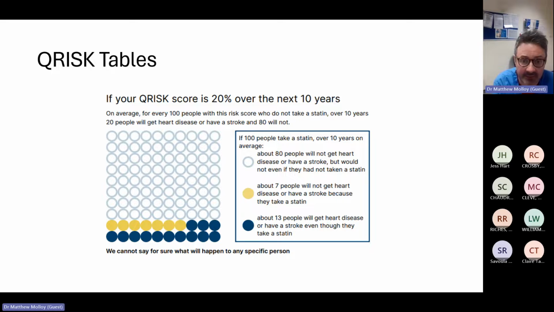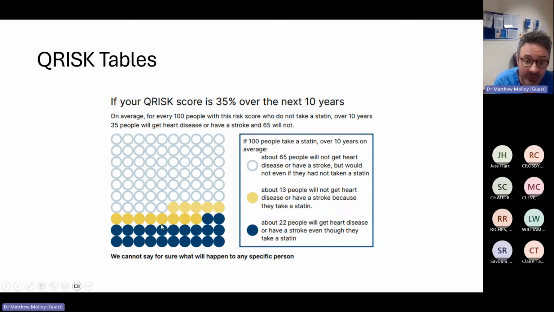So for 20%, if 100 people take a statin over 10 years, on average about 80 of them would not have a heart attack or a stroke, but again, they wouldn't have even if they had not taken a statin. About 13 people will have heart disease or stroke even though they did take a statin, but 7 will have a heart attack or stroke avoided because they took a statin. The higher it goes, the more people are having heart attacks and strokes, and the more people are benefiting.